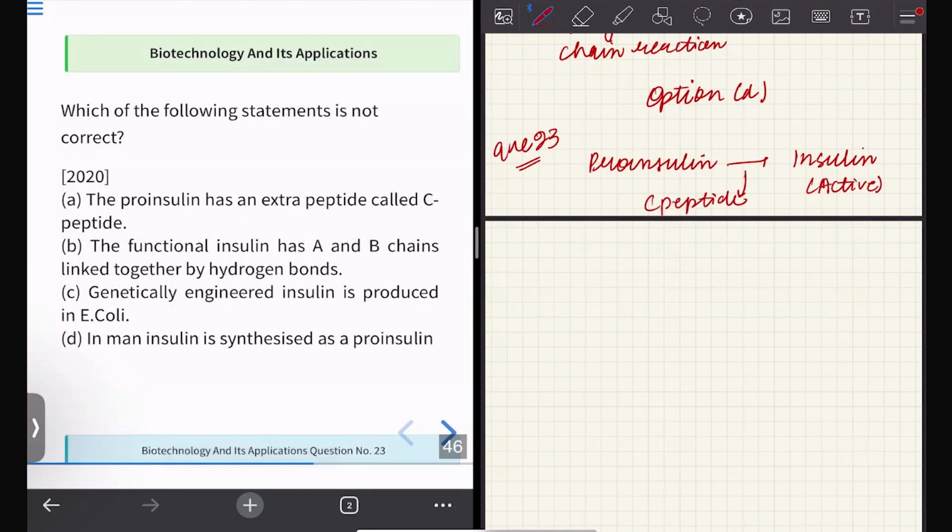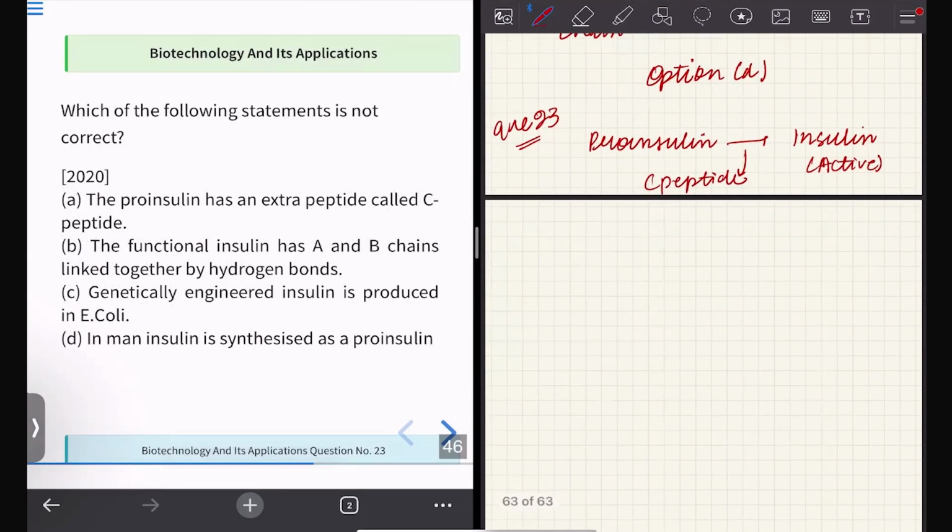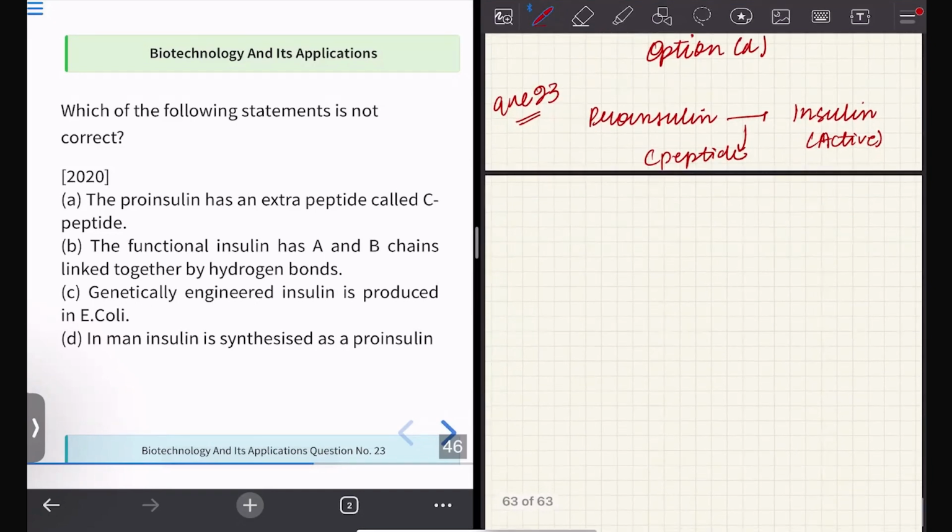So we have to find out which of the following is not correct. So, proinsulin has an extra C peptide, which is not present in the active form, which is correct. Then we have genetically engineered insulin. And nowadays, it is being produced by which bacteria? E. coli. And in man, insulin is produced as proinsulin, which is also correct.